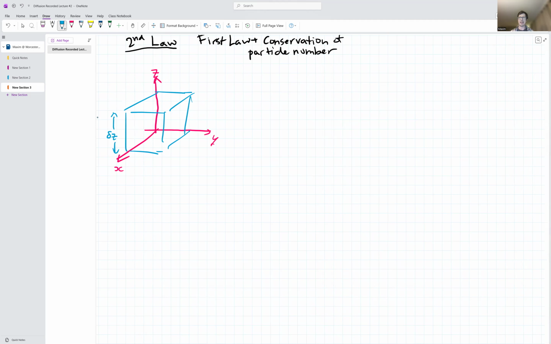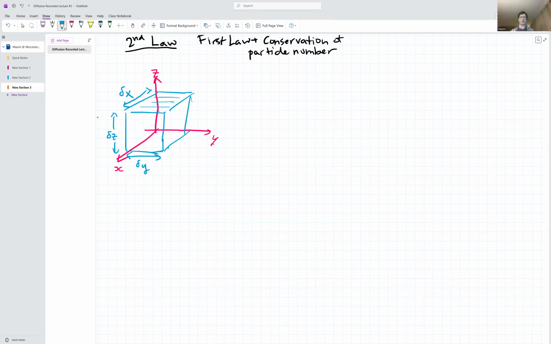You can think of them as lattice spacings, but actually this description is for more macroscopic processes. Diffusion works on many lattice spacings, so these are small distances, but maybe not so small that it's just one lattice spacing. But anyway, you have some width delta y, and some depth of the box that's delta x. So you have a box like that.